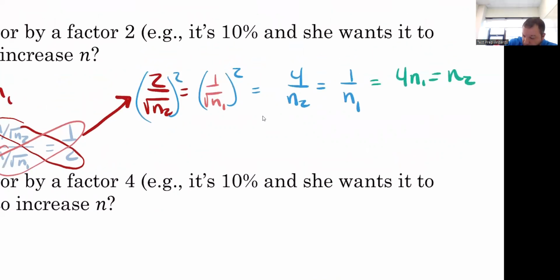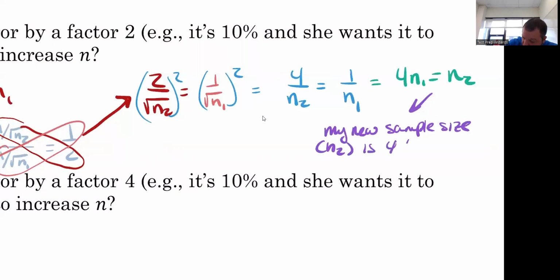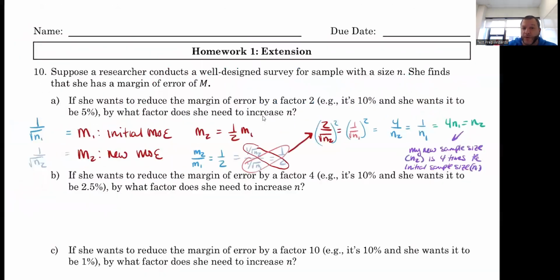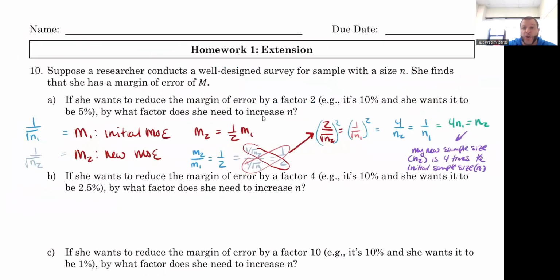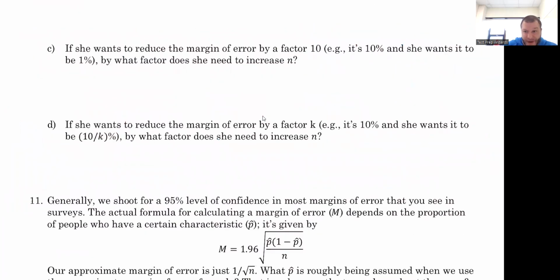Basically saying here that my new sample size, N2, is 4 times the initial sample size, N1. So to reduce the margin of error by a factor of 2, we have to quadruple the sample size.